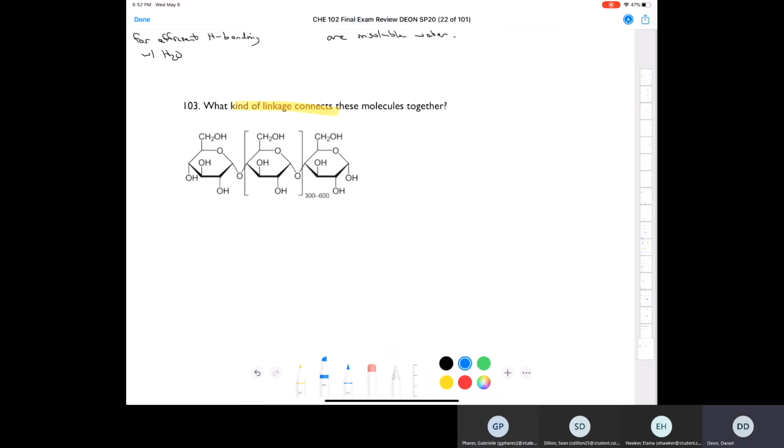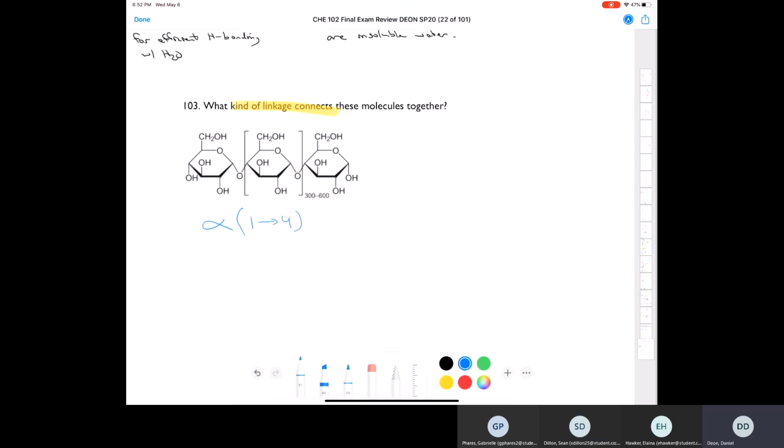Alpha. Absolutely. So it's alpha to start with. And then in terms of numbering, how would I number this? Is it 1,4? Alpha 1,4, absolutely.